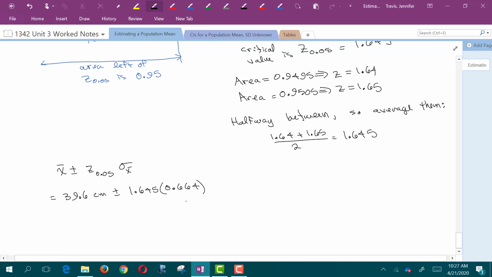Same as before, the confidence level does not affect the standard error. That's going to be the same no matter what confidence interval you use. So that's what we did previously. Okay, and so that's a concise way to write it.